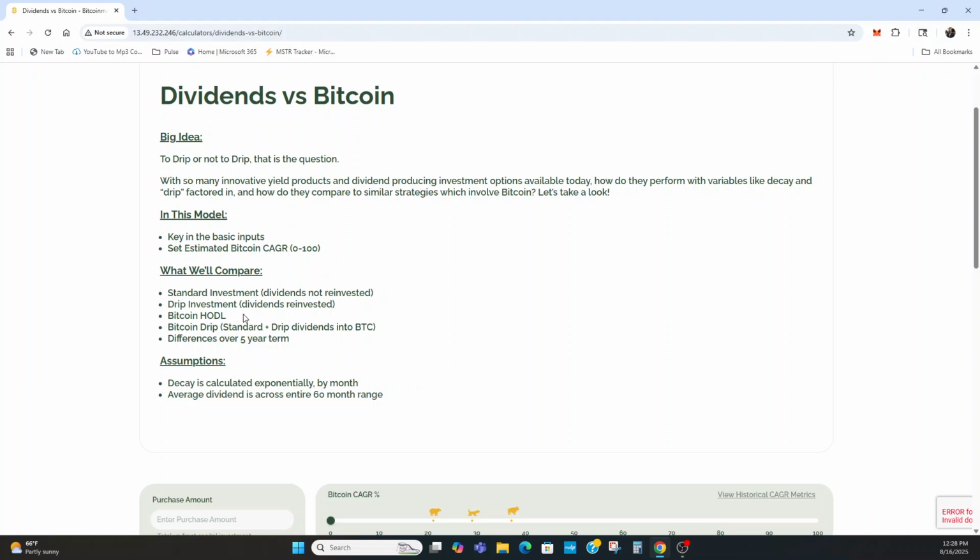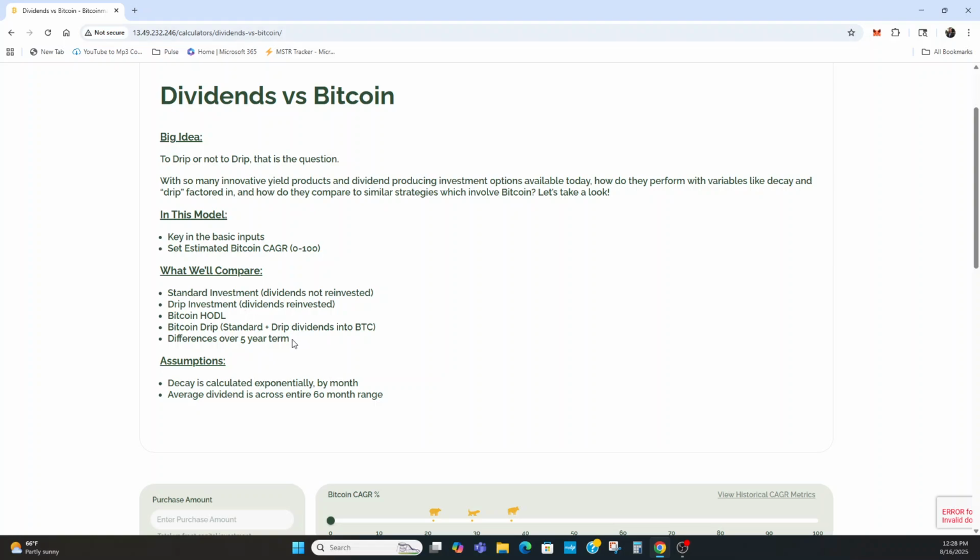So what if we bought MSTY with our cash, but instead of dripping those dividends back into more MSTY, we use those dividends to drip into Bitcoin HODL? In that scenario, we want to buy the MSTY, but we're going to take all of our dividends and buy Bitcoin and hold it in cold storage.